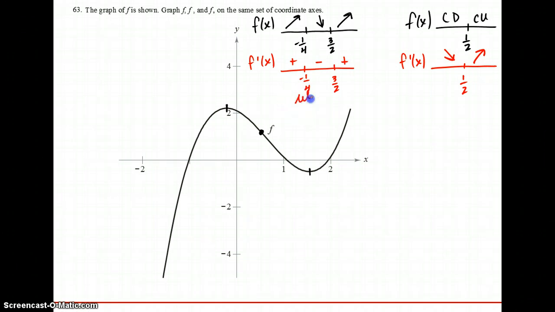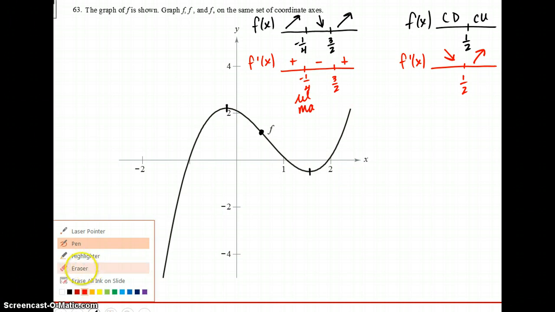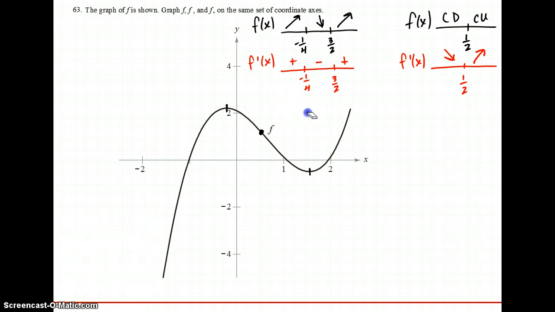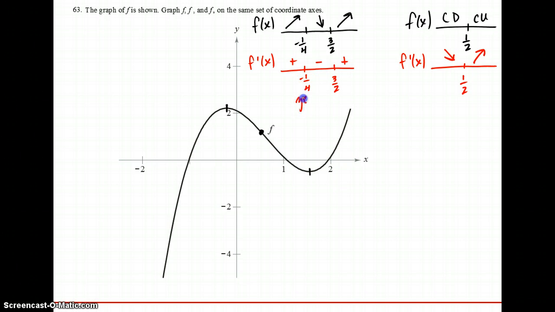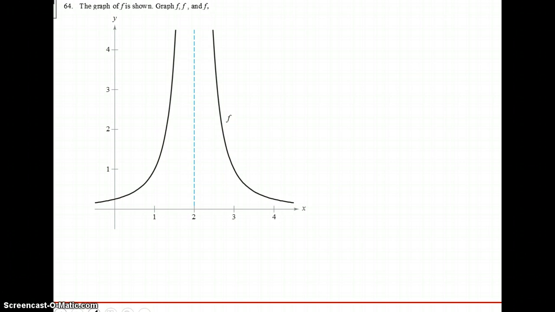Alright, so I'll have zeros at -1/4 and 1.5, and I'll have a relative minimum at 1/2.